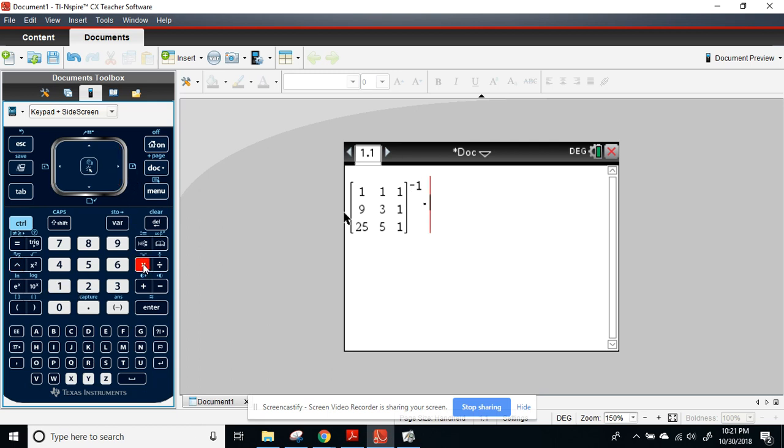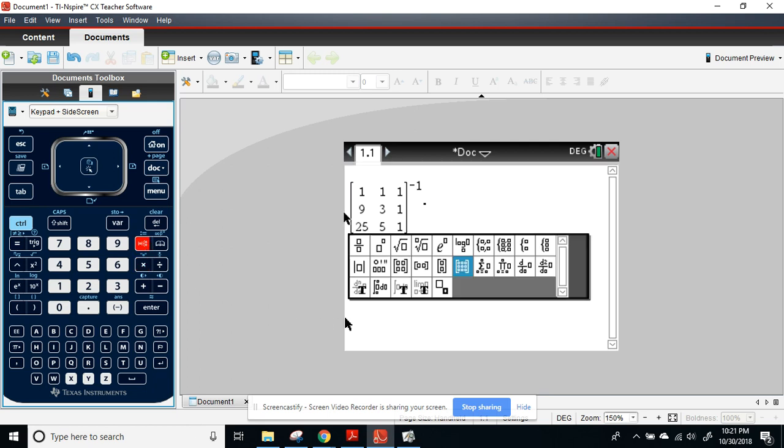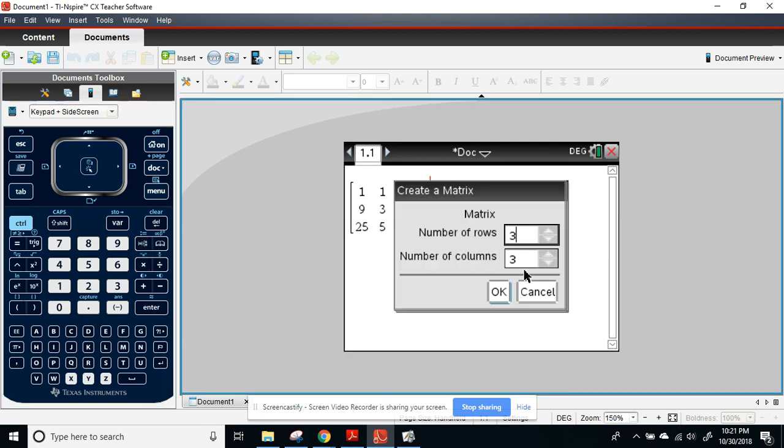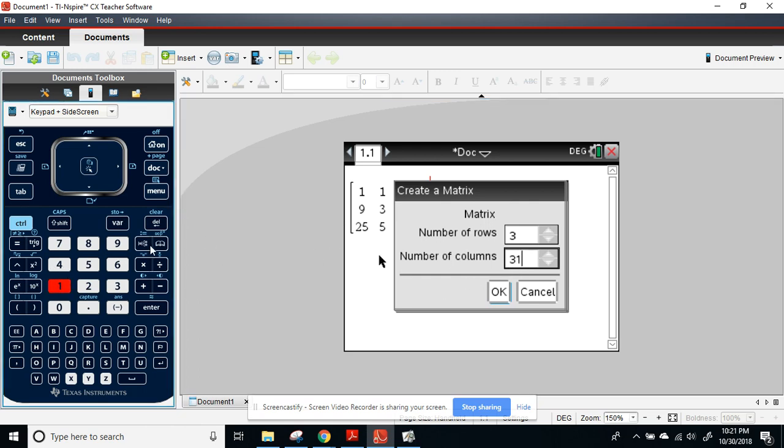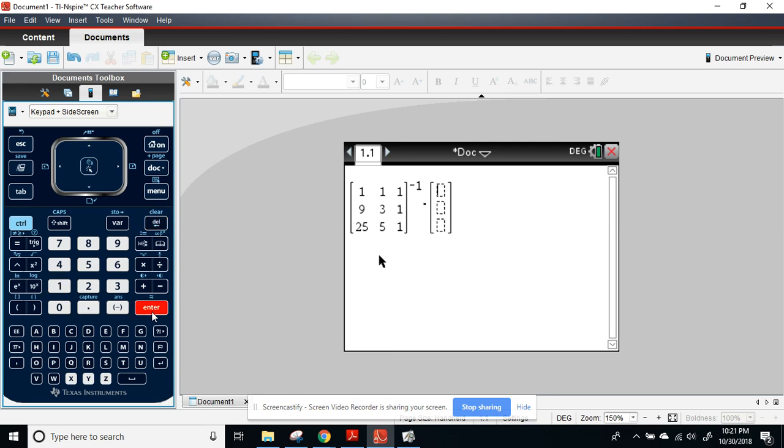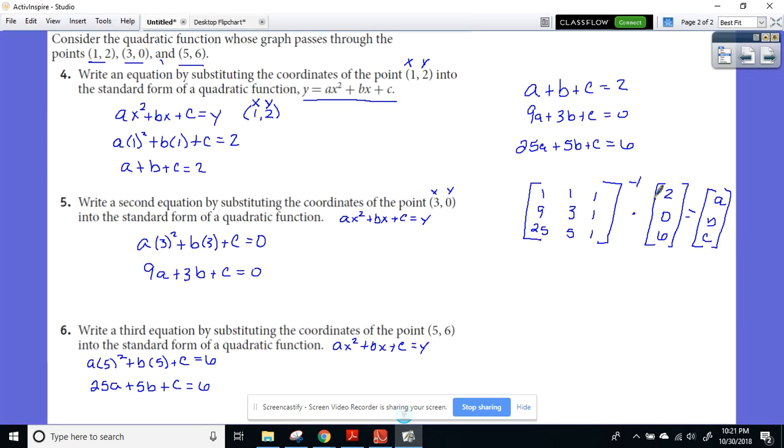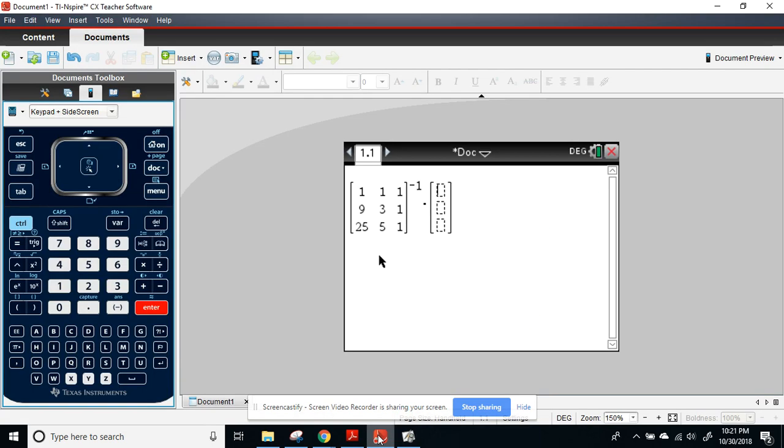And then we multiply it times, we need a matrix. This time I need a 3 by 1. Not 31, 3 by 1 matrix. And what was it? It was 206.